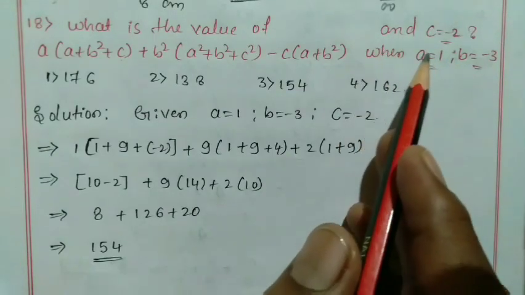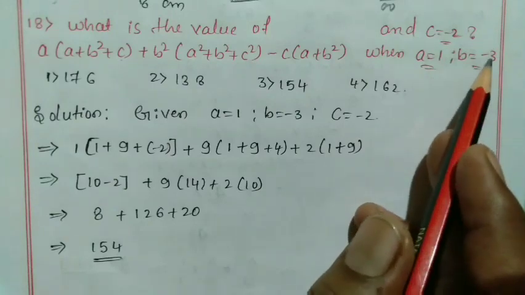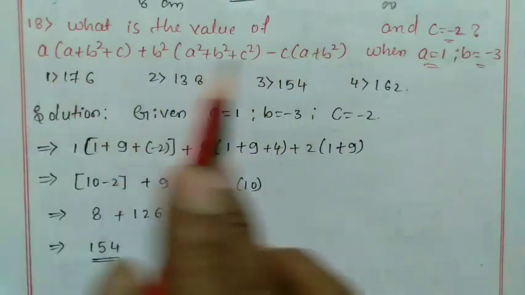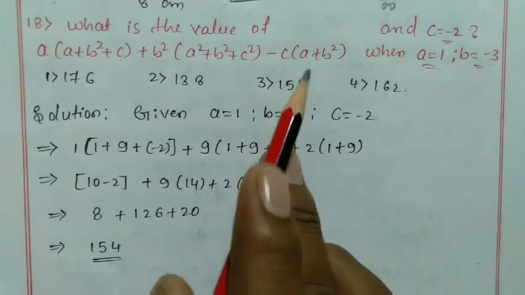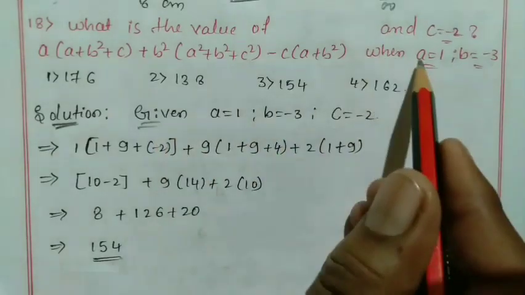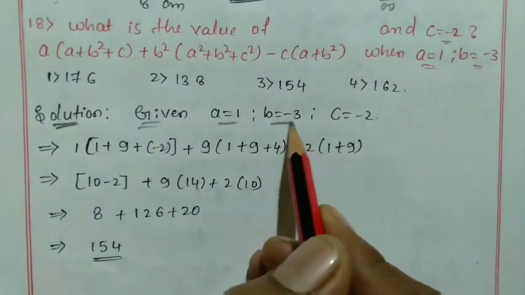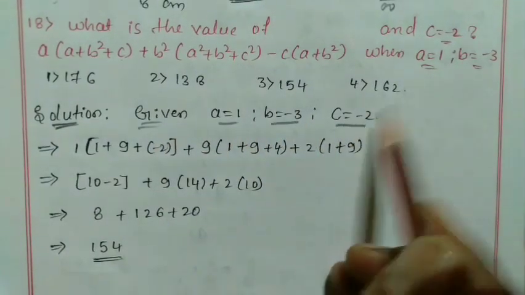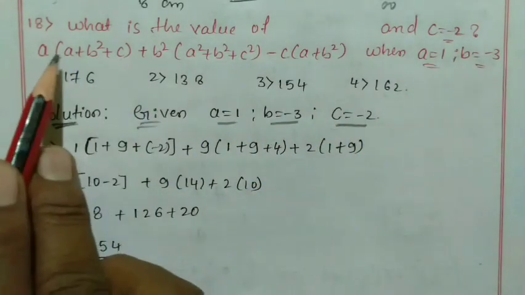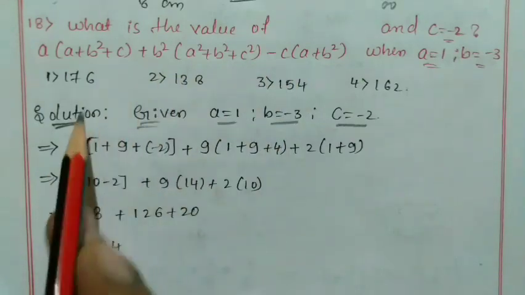So if A equal to 1, B equal to minus 3 and C equal to minus 2, then what is the value of this, he is asking. First you can write here solution, after that given. What is given here? A value is 1, B value is minus 3, C value is minus 2. So you can substitute the A, B, C values in this expression.